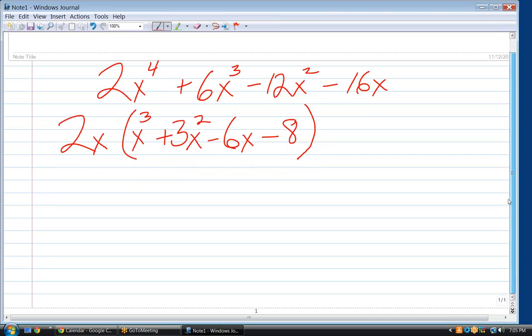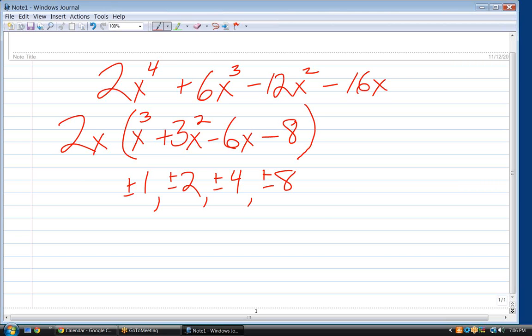Okay. What are our possible rational factors? Let's list them. Plus or minus 1, plus or minus 2, plus or minus 4, and then plus or minus 8.